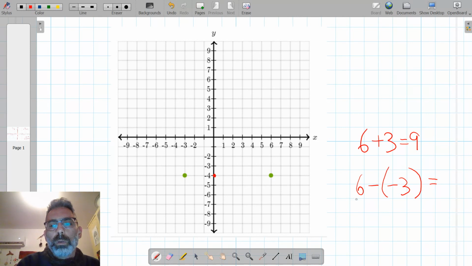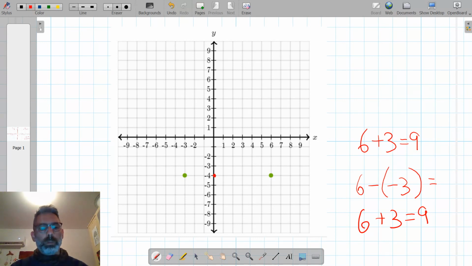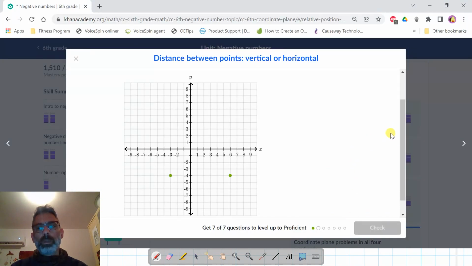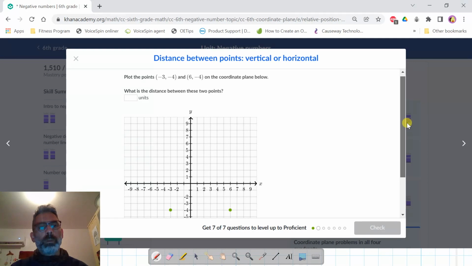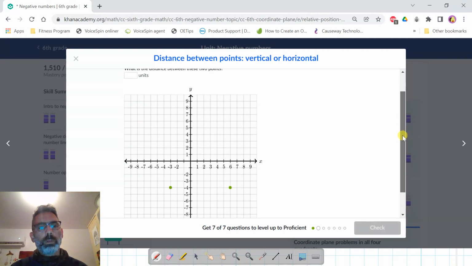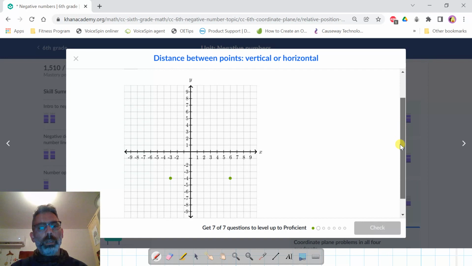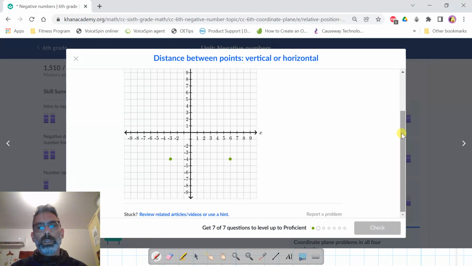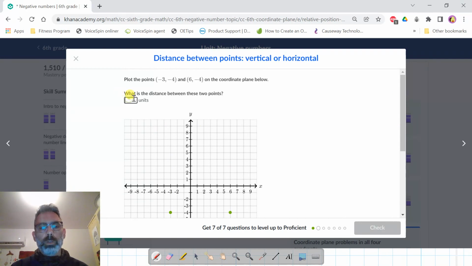So basically, this explains why when we subtract a negative number, we flip the sign and we do an addition. Okay, which is very nice. -3, -4, 6, -4. So the distance is 9 units.